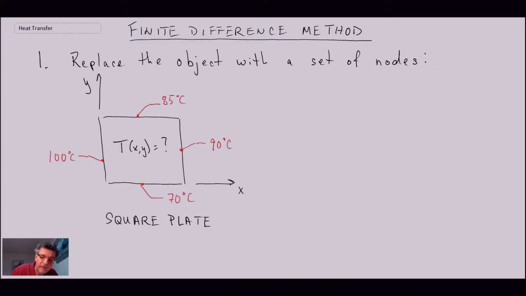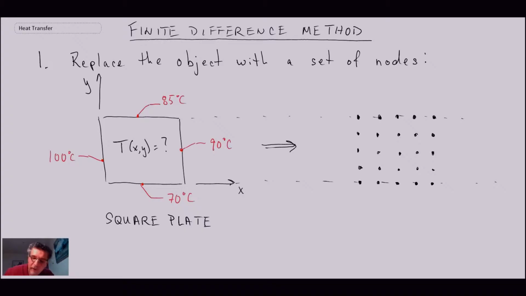And then what we want to do is convert that object into a grid of finite nodes. So we would recast that. What we've done is represent our square plate through a series of grid points.